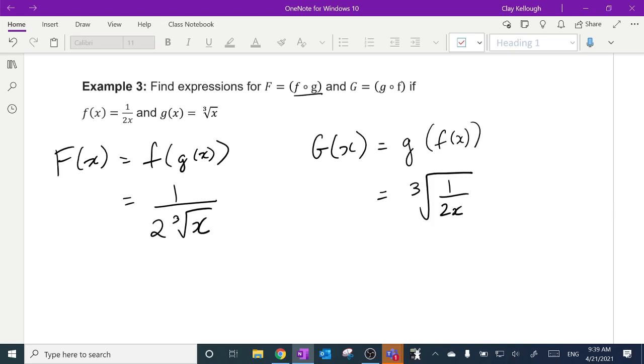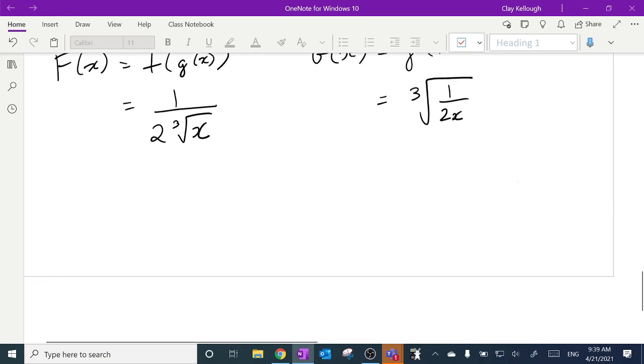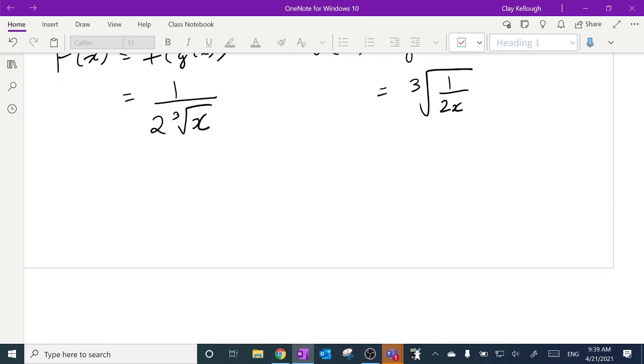Okay, we have a little bit of room at the bottom, just one thing. The one thing we have to worry about when we're doing this f of g of x stuff is domain.